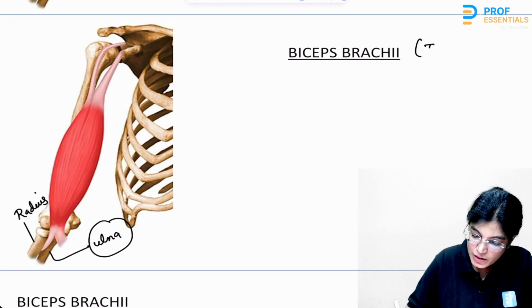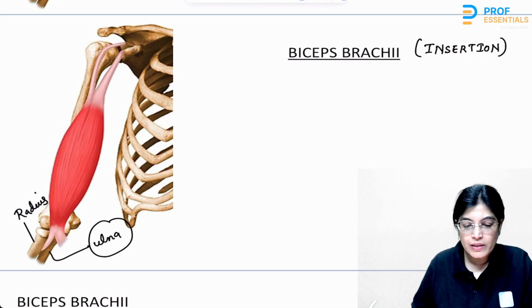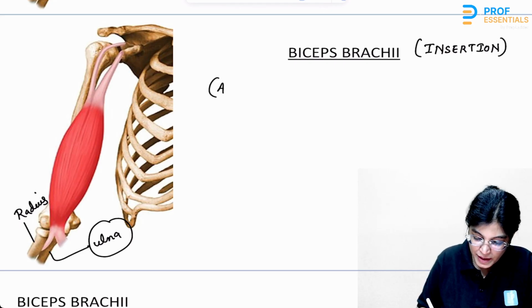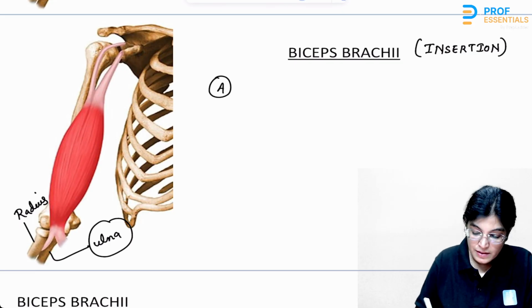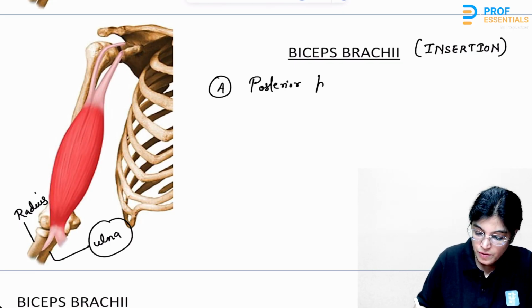So let's talk about insertion of biceps brachii muscle. In insertion, point number one is that biceps brachii inserts onto the posterior part of the radial tuberosity.